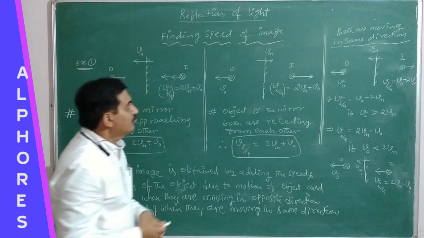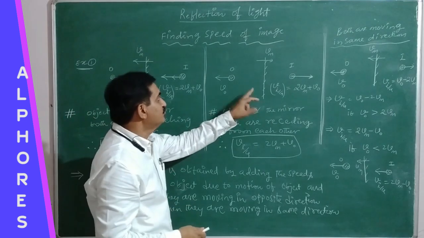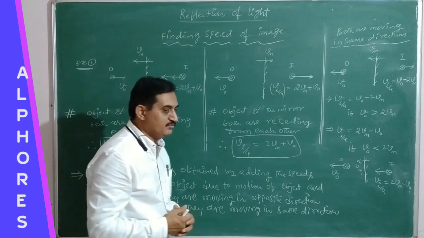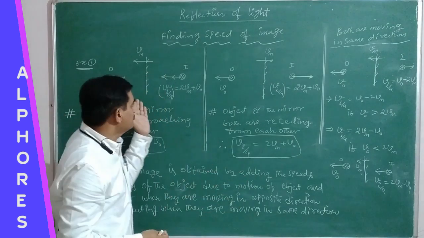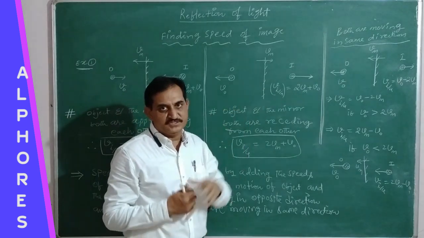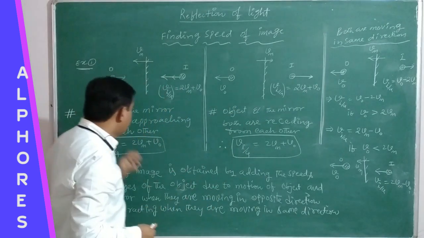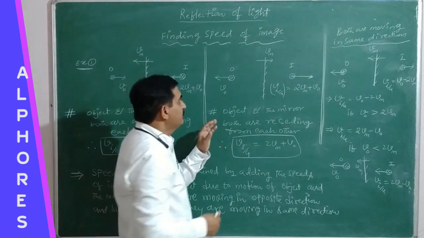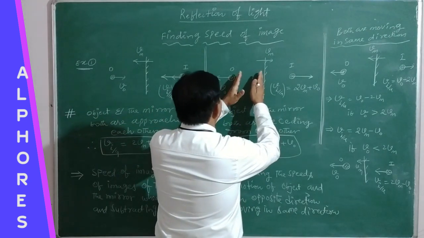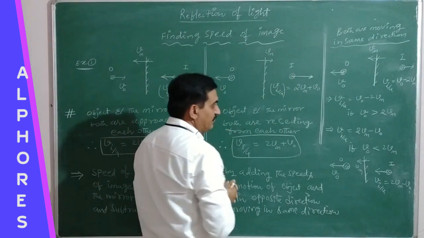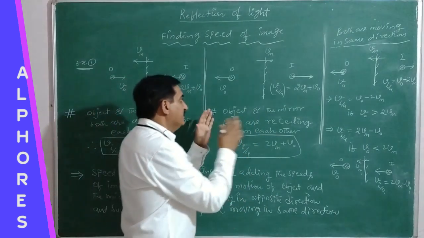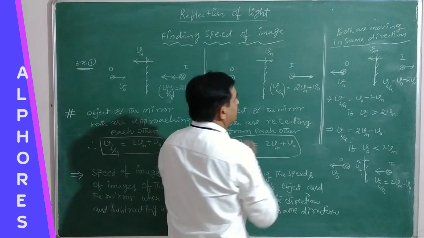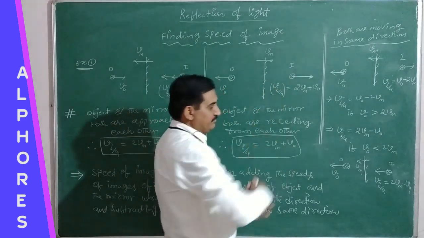Okay. Now going for another one, these two, object and image, are both moving in opposite direction but receding from each other. Here also moving opposite, here also moving opposite, but here receding, here approaching. In this case, the mirror and the object are both moving away from each other. Of course, if either of them is moving away, then its corresponding image will also move away from the plane mirror.